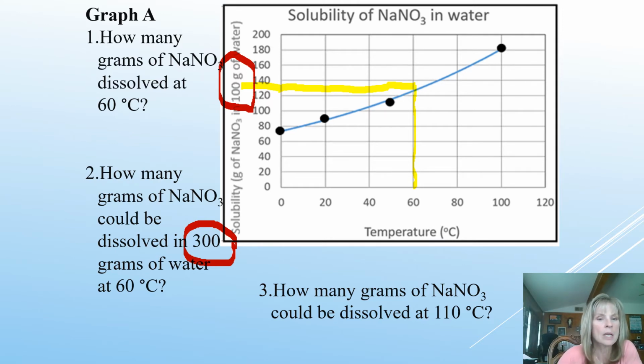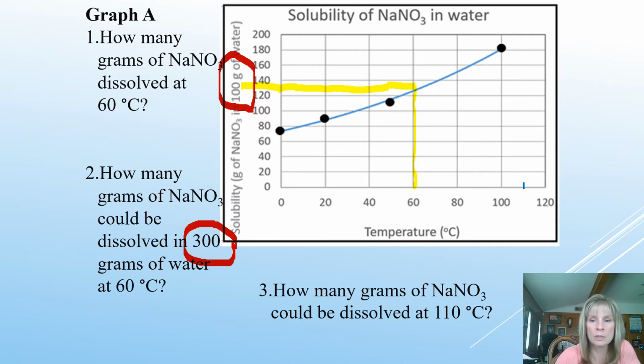It's really easy. So sodium nitrate, 60 degrees, how much could dissolve? Well, we said it was 130, so 130 times 3, seriously, I have to do that math in my head, 390 grams.